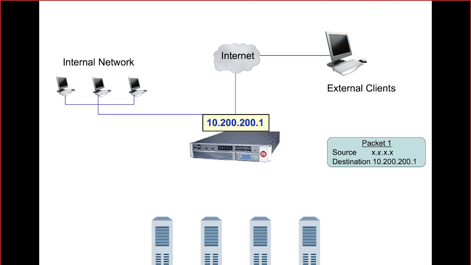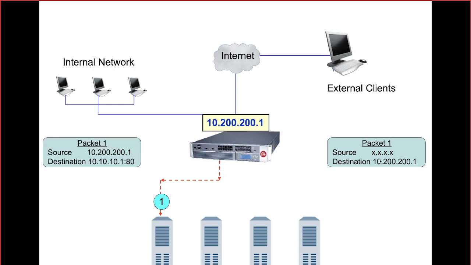So now packet 1: the source is going to be anything, and the destination IP address is 10.200.200.1, which is nothing but the virtual server's IP address. Now what happens? The traffic is going to go to the chosen server, server 1. Because of that, the source IP address is 10.200.200.1. Is that true? By default, it is not true. I will show you, and I will tell you why this has been given like this.